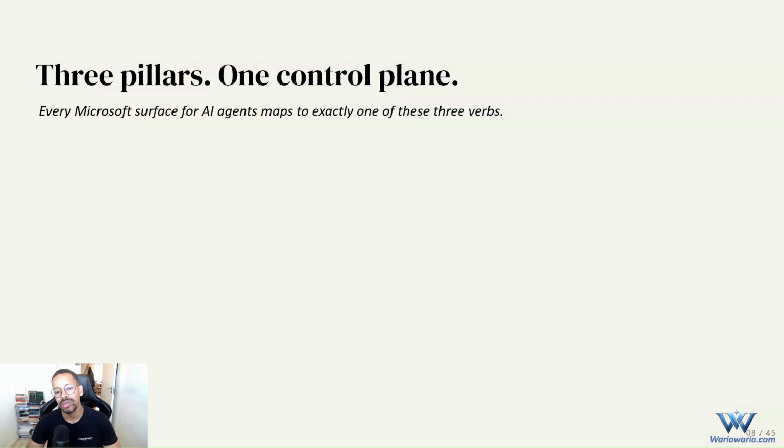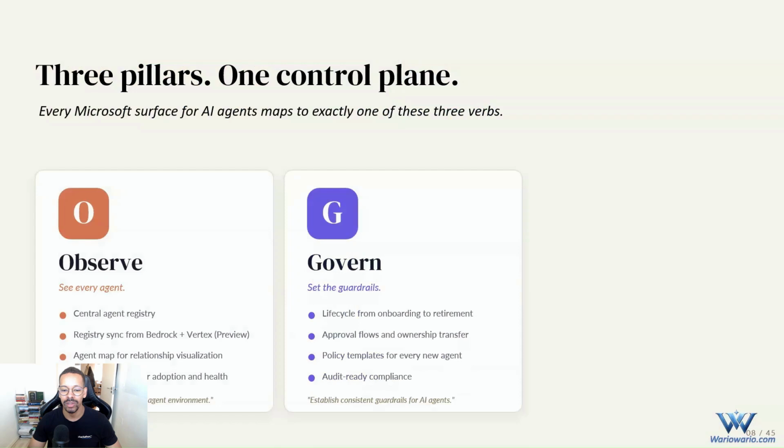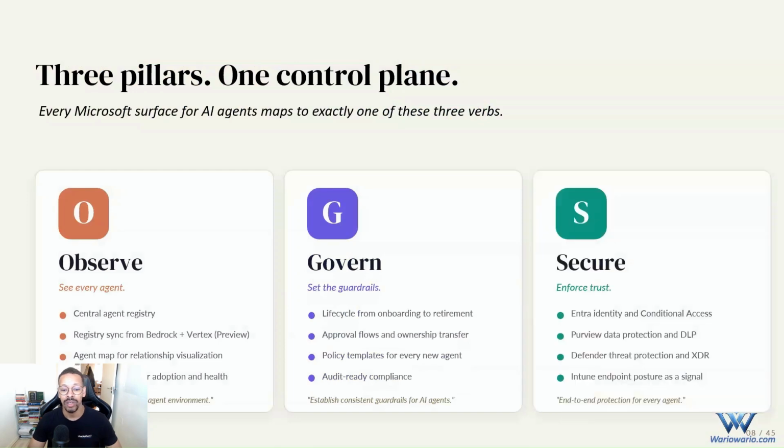What does she have access to? She has access to observe in the central registry. We'll look at this in depth in a second. And then she can govern the agents and their life cycles. She can approve agents, and she can audit them from the M365 Admin Center. Not exactly audit them, but she can see what actions have been taken and how often the agent is used. And then you have the secure part.